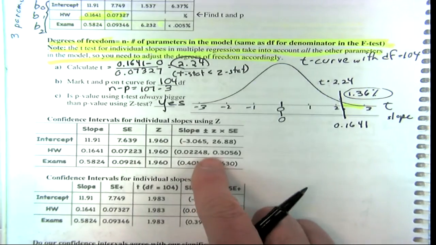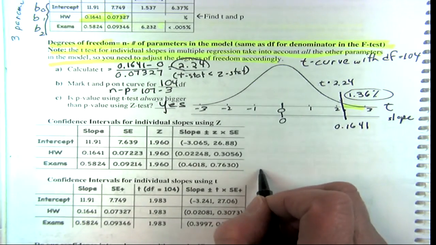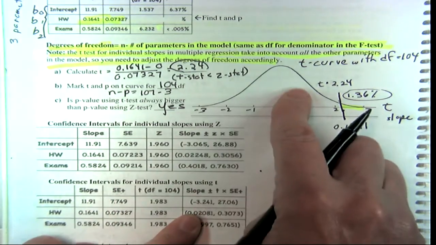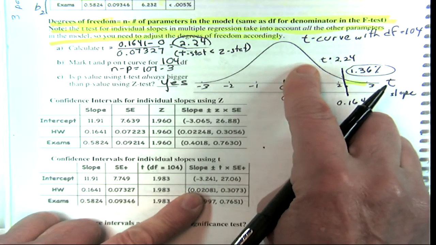What are these critical values? Well, why don't we do this one with this curve? Because here's a t-curve for the same one.